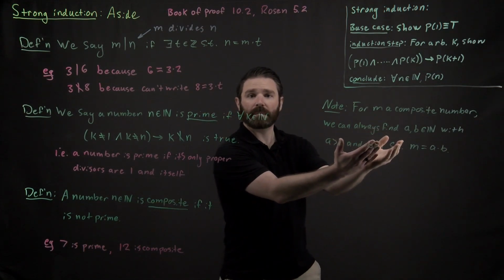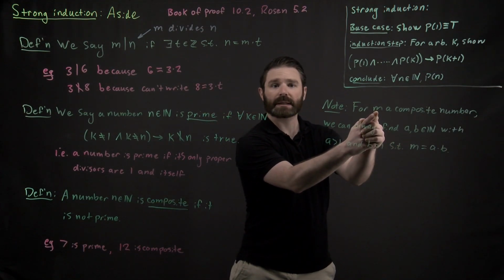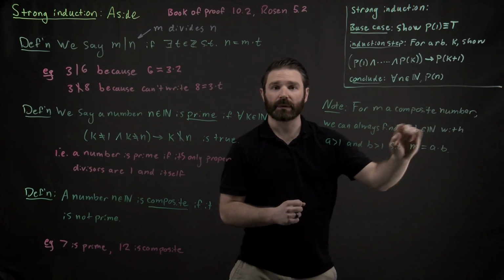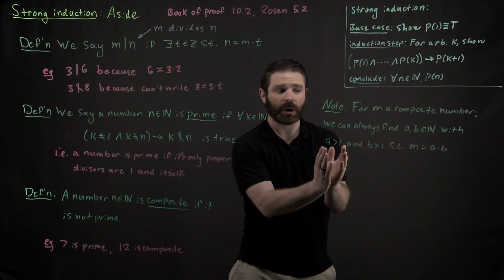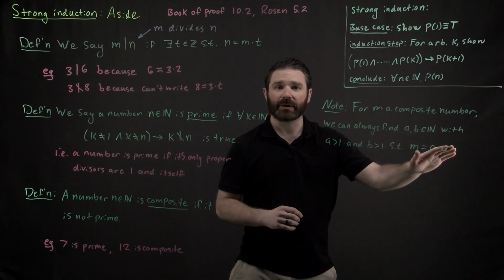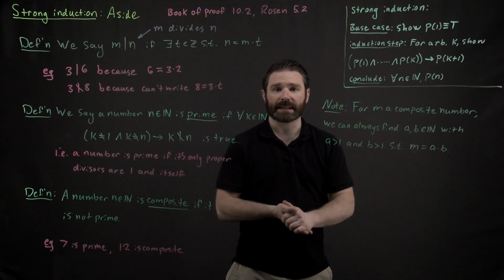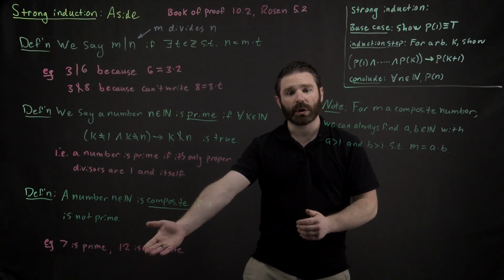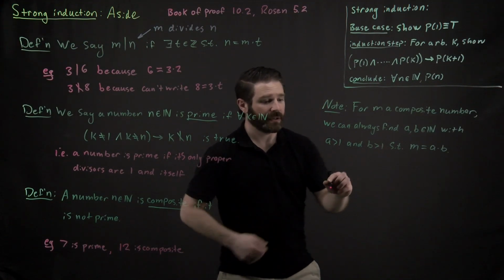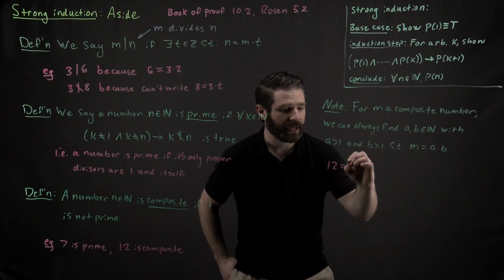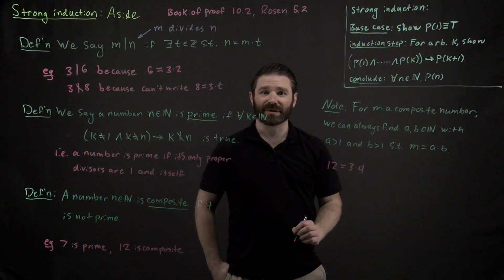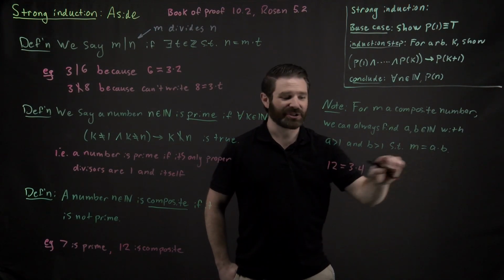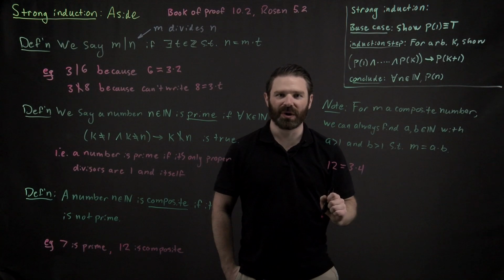If m is a composite number, then you can always find natural numbers a and b that are greater than 1, such that when you multiply them together, you get that composite number. So, for example, 12 over here was composite, and indeed we can write 12 as 3 times 4. So we've been able to write this composite number as 2 other integers that are greater than 1.